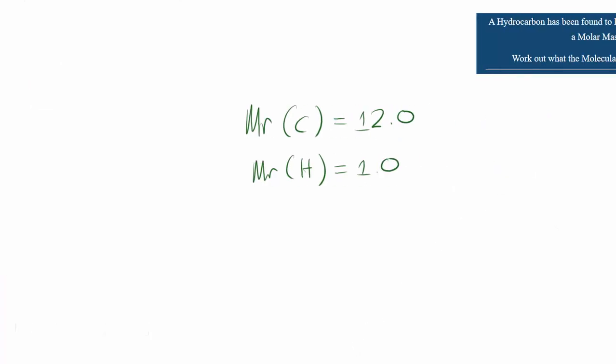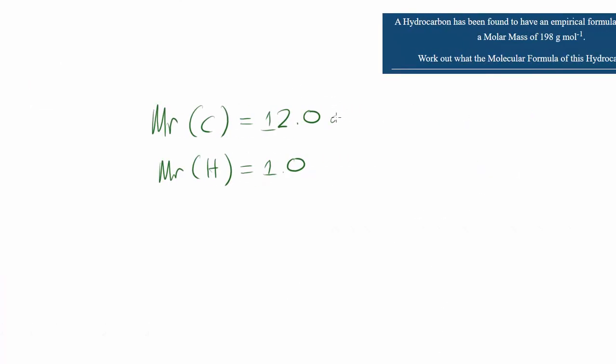So effectively, the MR of carbon is simply 12.0, and the MR of hydrogen is 1.0. And in this case, the units we're using are grams per mole.